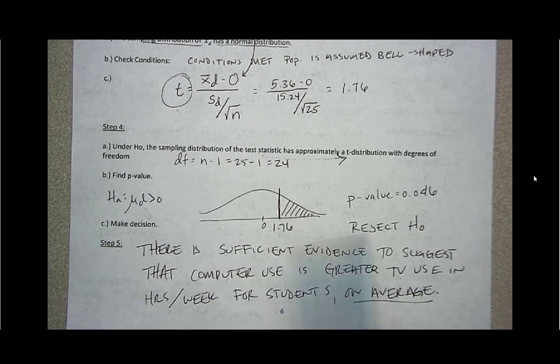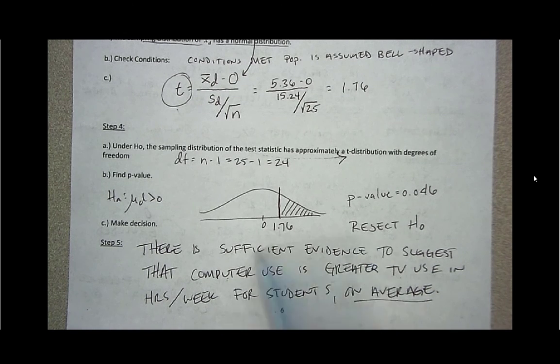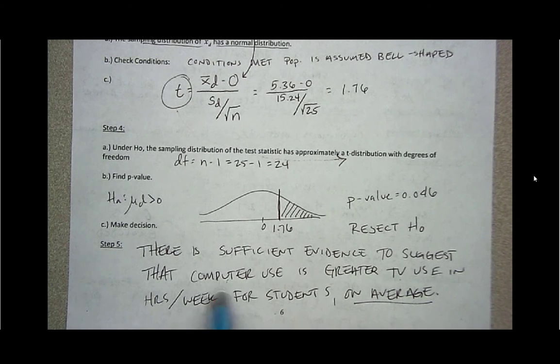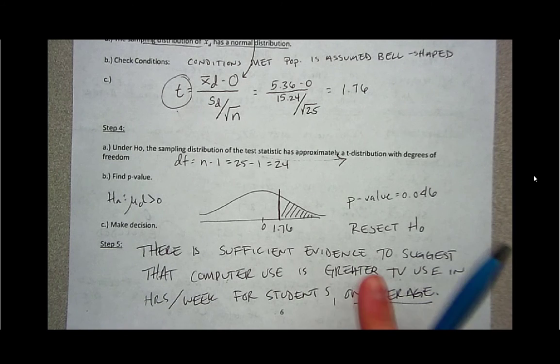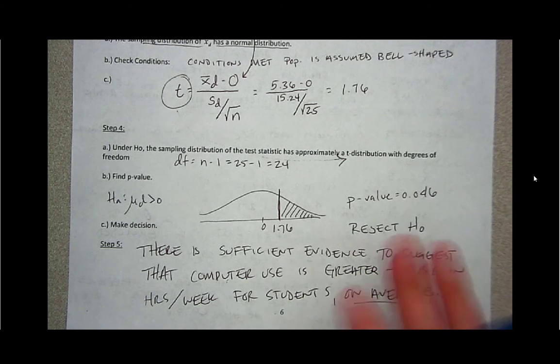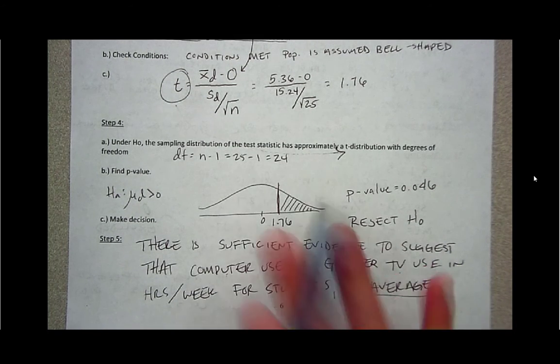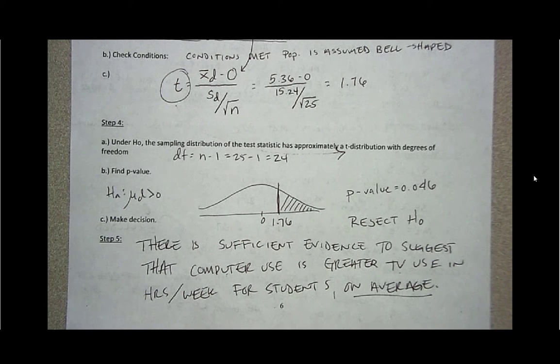And then you do rewrite your alternative. You just would include all of the necessary parts. So on average, and that deals with the mean, your two measurements, so here it's computer and TV, your population, and then how the two compare. If you directly compare the two, then you don't have to talk about how their differences compare to 0, or also how you calculated the differences.